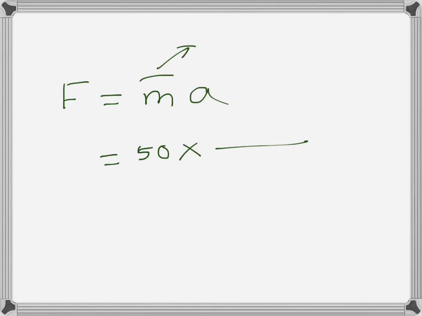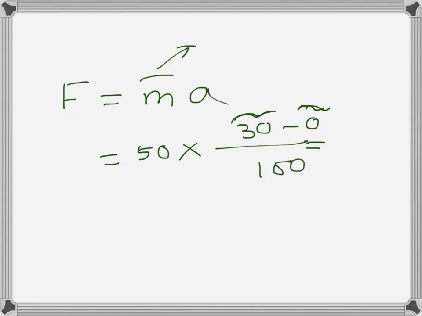That means after penetrating 10 centimeter into the apple, it will stop. So that will be 30 minus 0. I'm ignoring the sign here because I'm considering it deceleration, so it's still positive. So this is initial velocity minus final velocity, over 100.